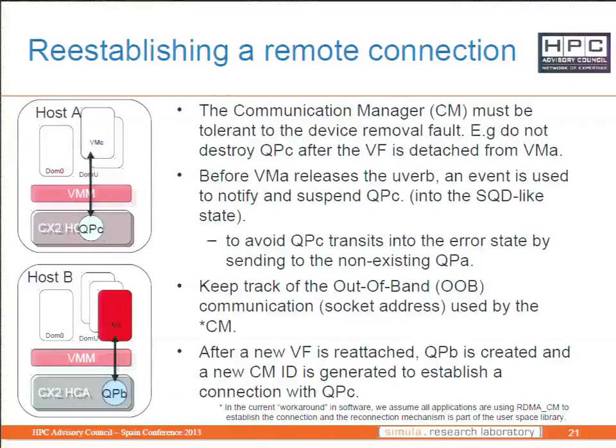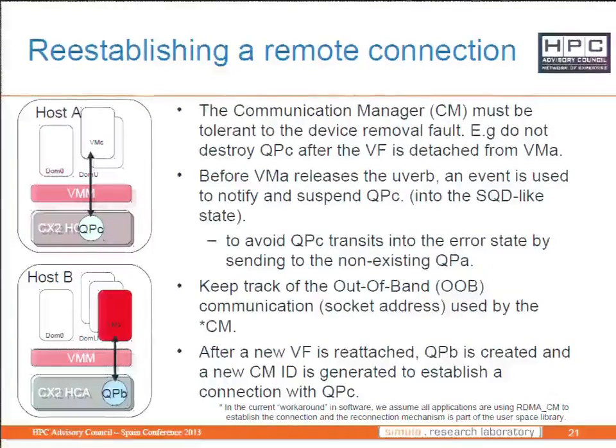Before virtual machine A detaches the virtual function, it will send a signal and notify this virtual machine that I'm going to migrate, and so this virtual machine will do a similar operation to go into the SQ drain-like state.